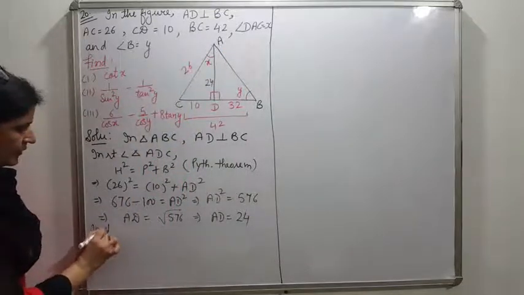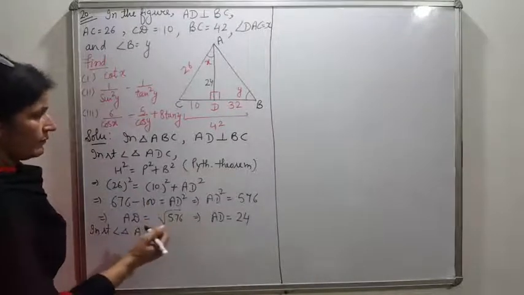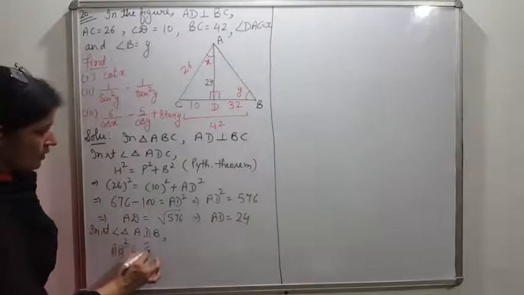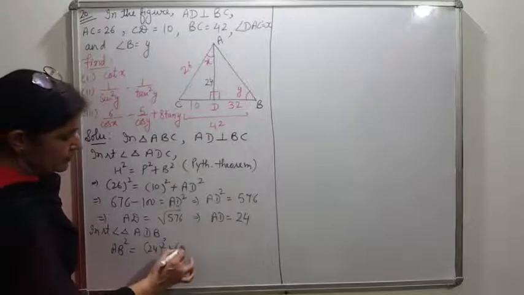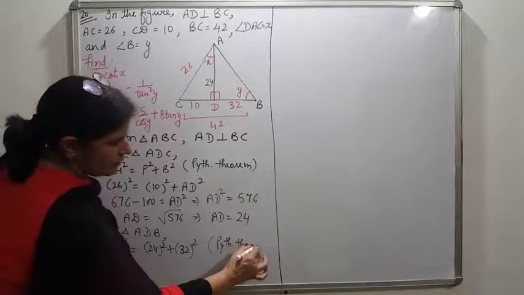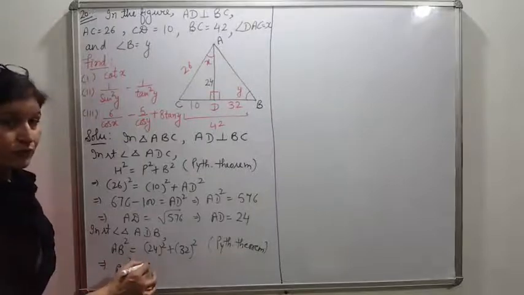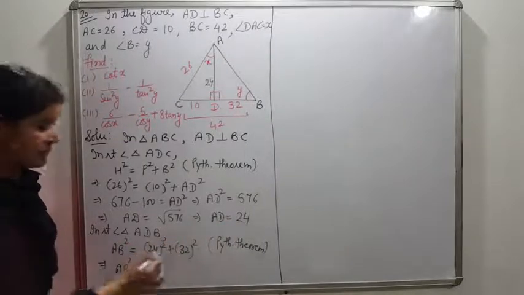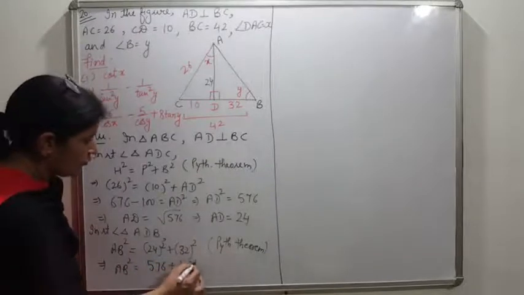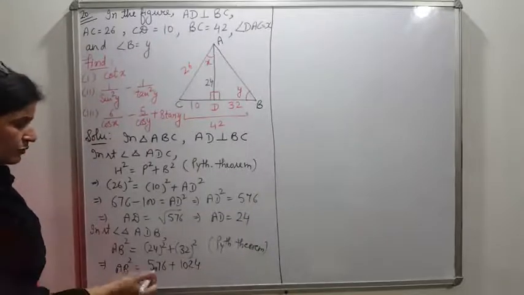In right angle triangle ADB, h square means AB square will be equal to 24 square plus 32 square. The same reason, Pythagoras theorem. AB square, you have to find square of 24. Here we have calculated, it is 576, and square of 32, 1024. You need to learn, yesterday in the last lecture also I told you, you need to learn a few terms.